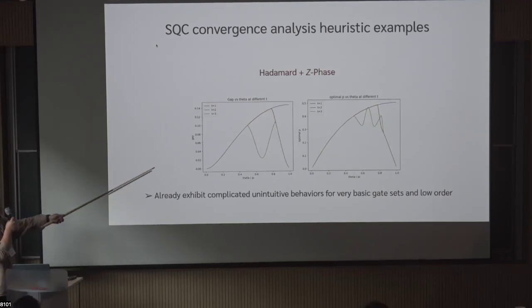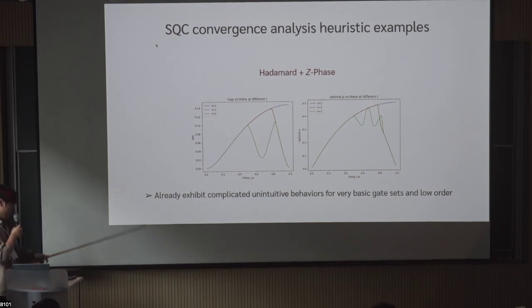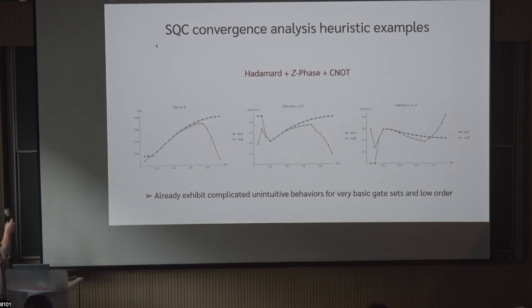For example, we are of course most concerned with the maximum value that it can take at some phase rotation angle and some distribution over these two gates. But we can see that even for t equals 2 and 3, it can show some behaviors that is just not possible to imagine a priori. Then we can also do some simple addition.